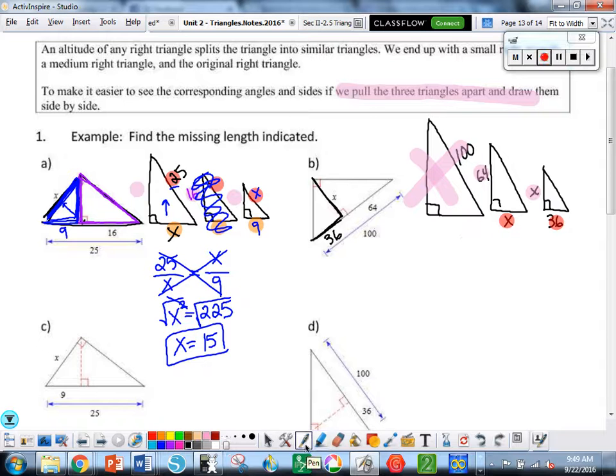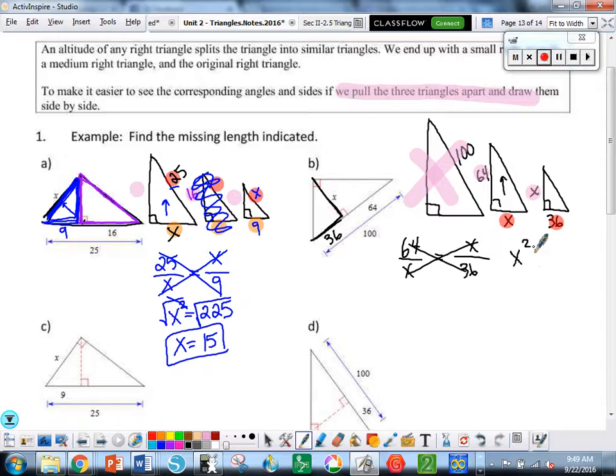When I put my corresponding parts together, I can set up the proportion. What over what? 64 over x. If I put the 64 on top, I need to put the x on top. 36. Cross multiply.